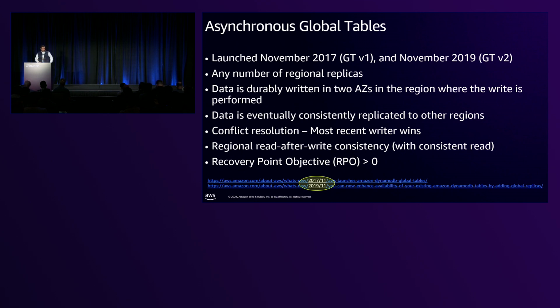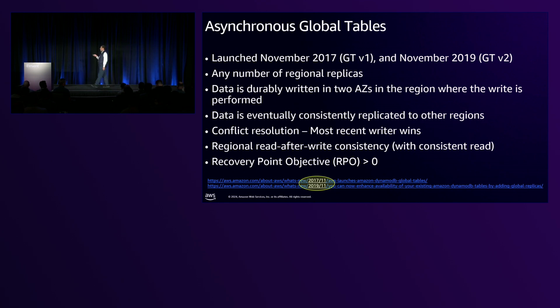One of the consequences of this architecture is that within the region, you have strong read after write guarantees. You do a consistent read in the same region where you did the write, you will get it. But there is no read after write guarantee across regions.